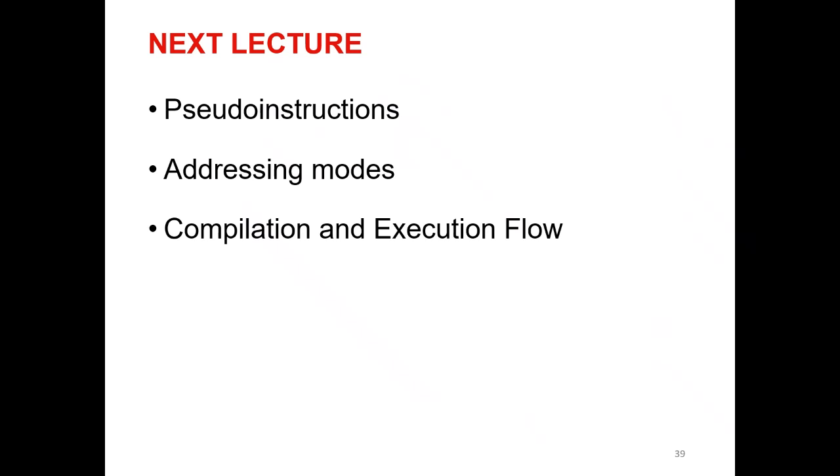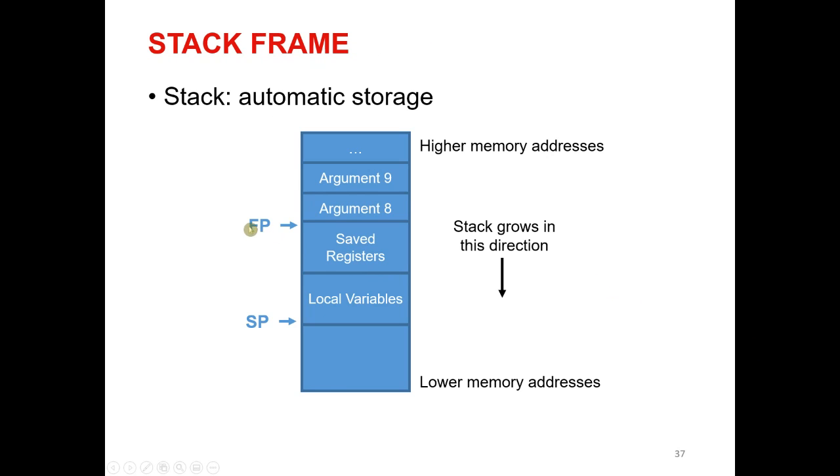So someone is asking regarding frame pointer and stack pointer. So the frame pointer points to the first address of memory which is available in my procedure, which is available for storing data in my procedure. And the stack pointer points to the last address I have used in my procedure. So you need to remember, this is a higher memory address and this is a lower memory address. So this grows in the opposite direction to the one you expect. Why?